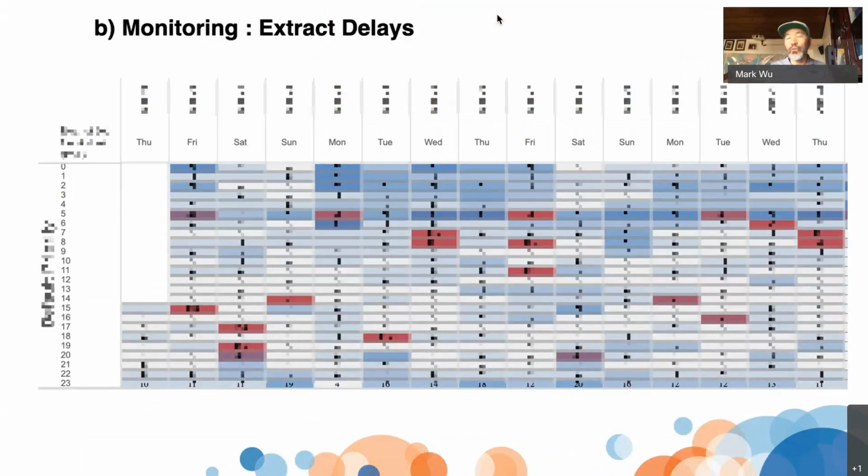What's the second? Well, if you use extracts as I do, you want to know how long and which hour your extracts got delayed. When we say delayed, it means the scheduled time compared with the actual start time. That's a delay.